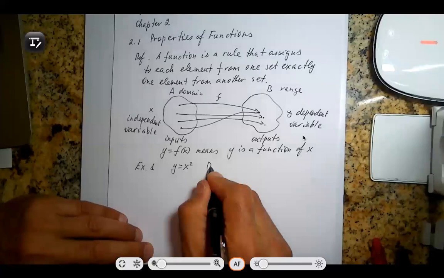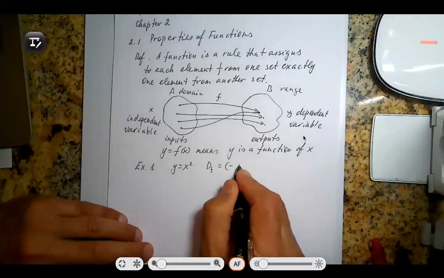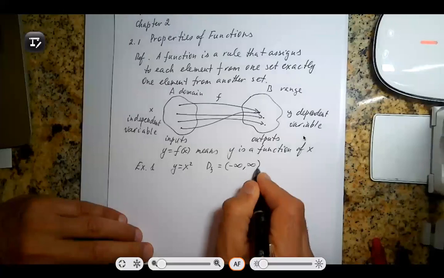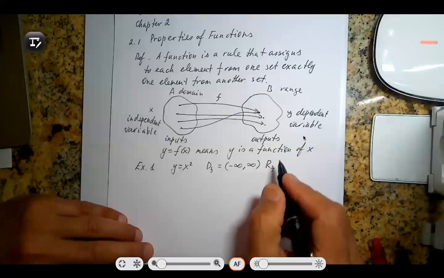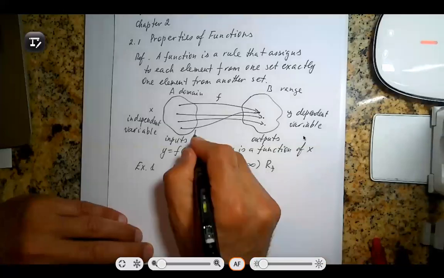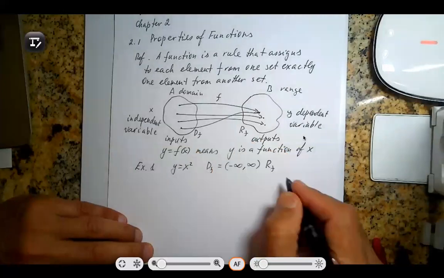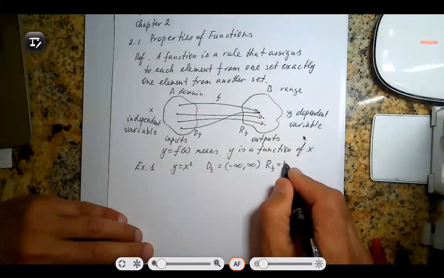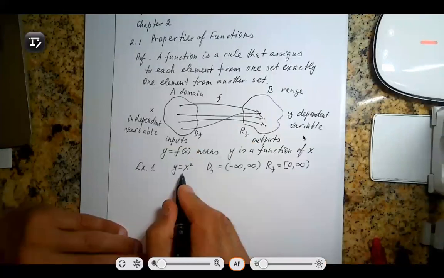So the domain of this function is any real number, the entire number line. How about the range? What's the range? Non-negative real numbers. You cannot get negative. You can get zero.